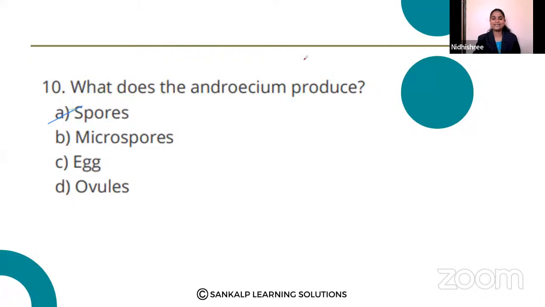Okay. Some of you answered it as A, some of you answered it as B. The right answer is microspores. That is male gametes that are nothing but pollen grains. Microspores is the right answer.